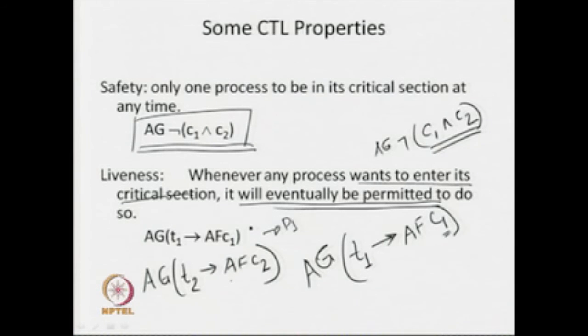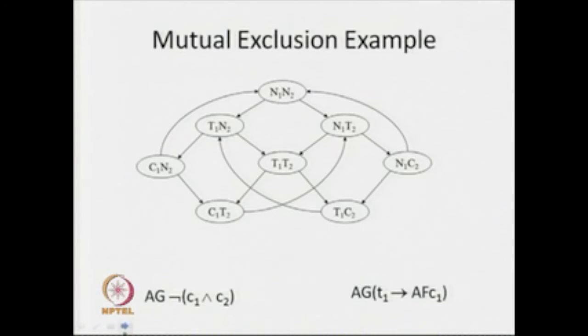Process P1 has its property and process P2 has its property. But the safety property, AG not of C1 and C2, is for the entire system, so it is for both P1 and P2. Now we have the safety property and the liveness property, and these two properties we have represented with CTL formulas.